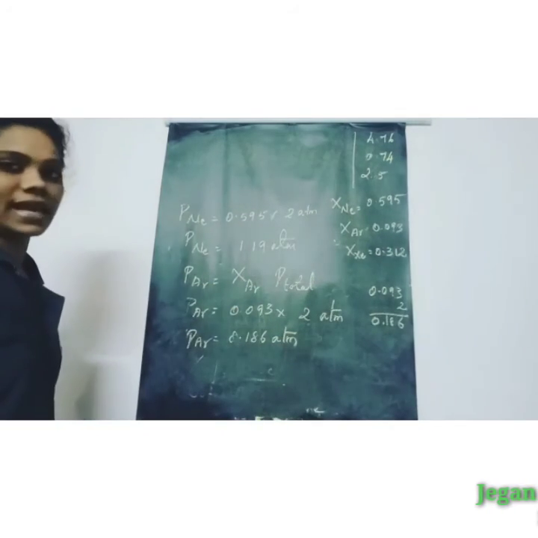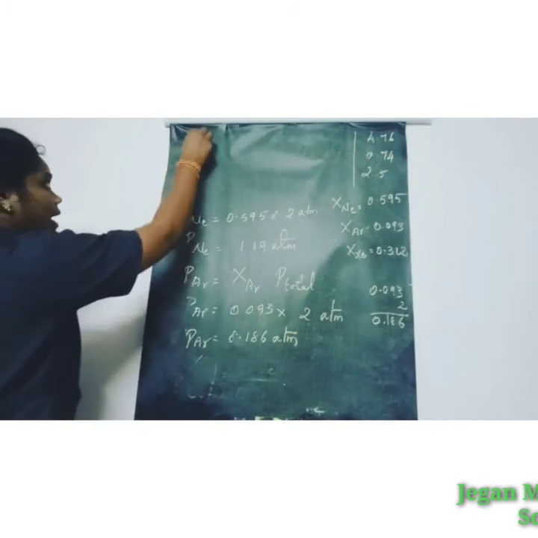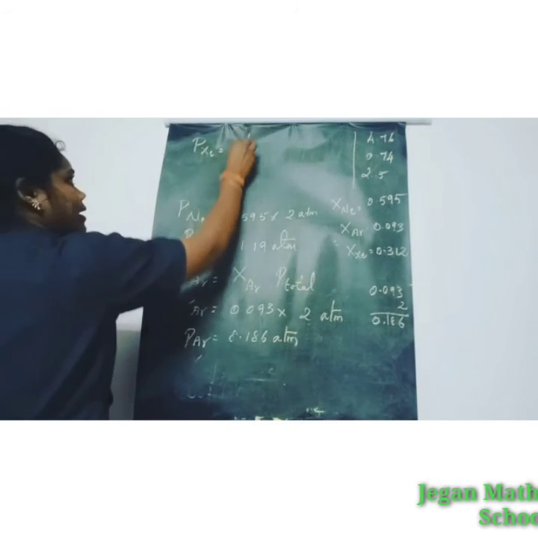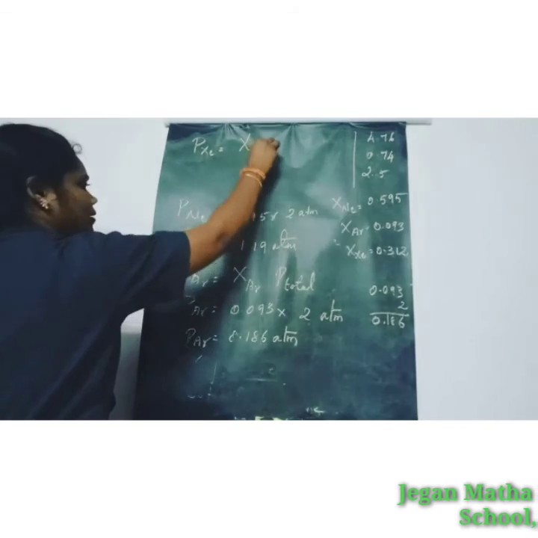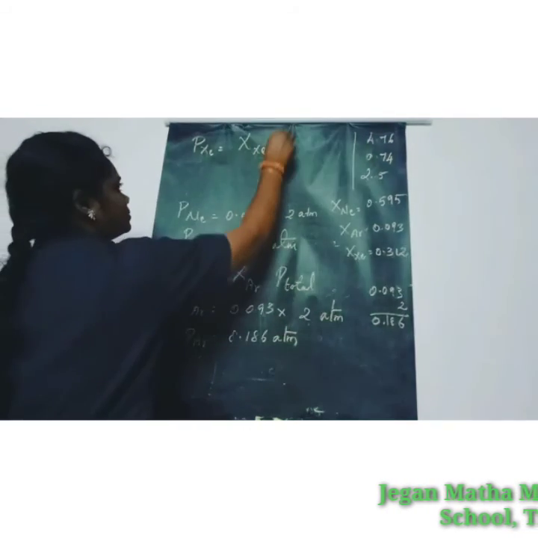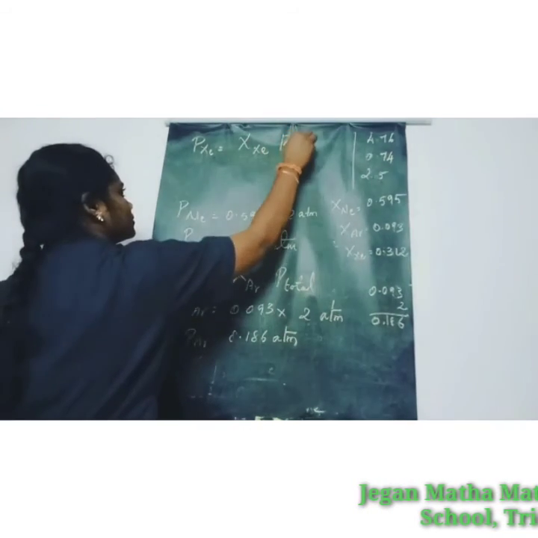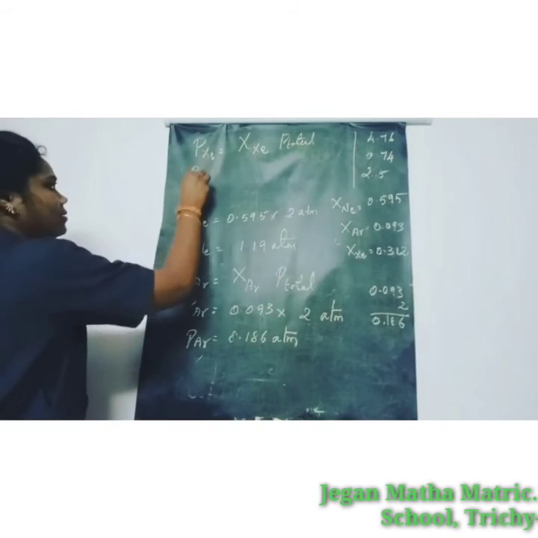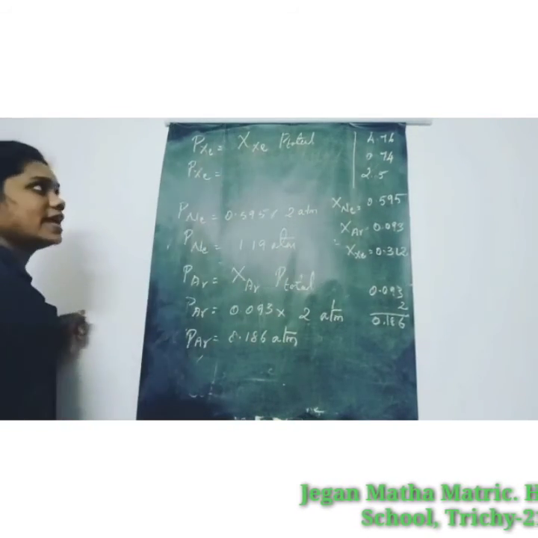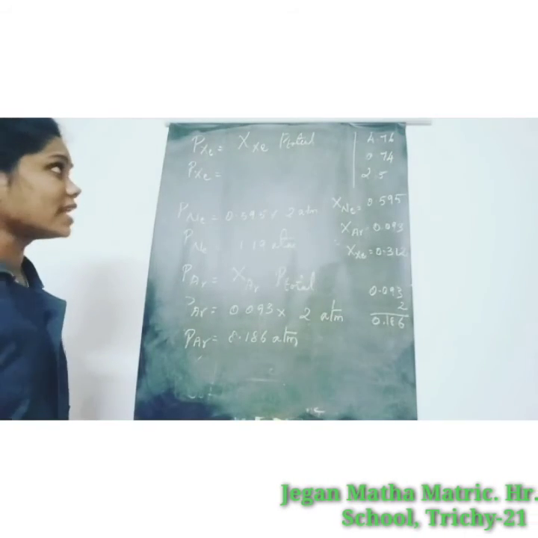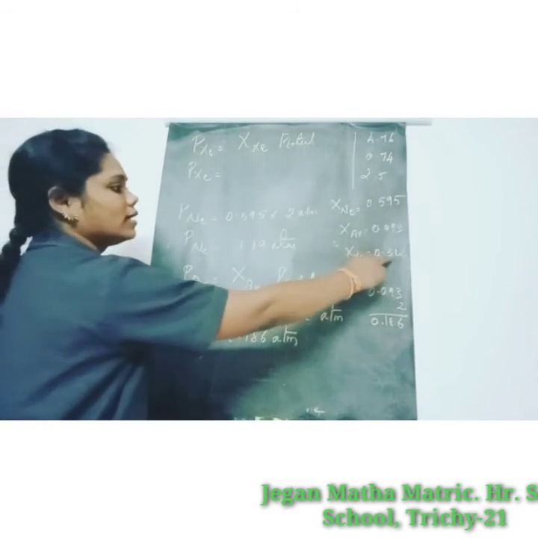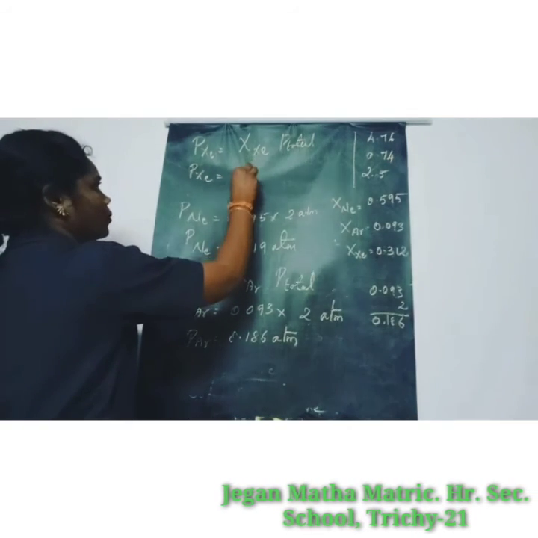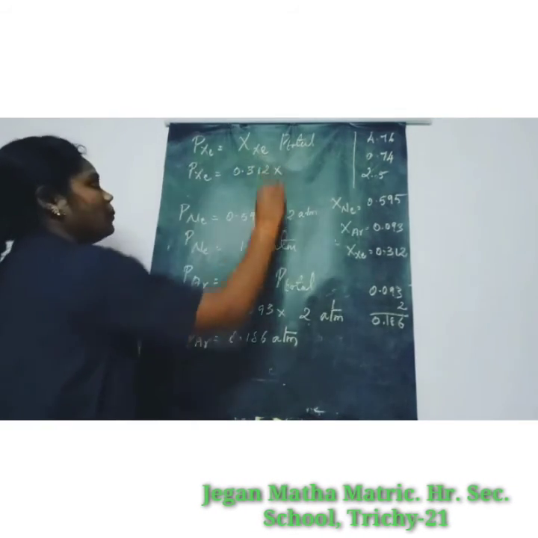Okay. And then see the next one. That is for xenon. So P xenon is equal to X xenon into P total. So here P xenon is equal to X xenon. X xenon answer is 0.312 into P total.